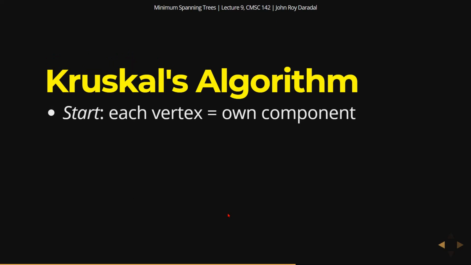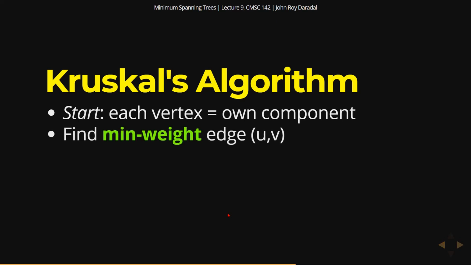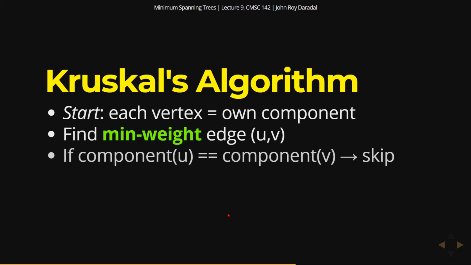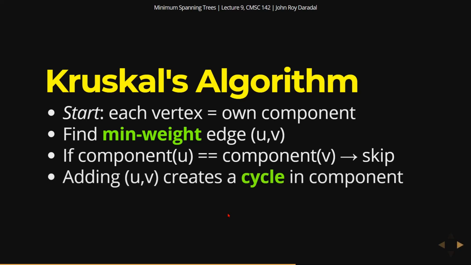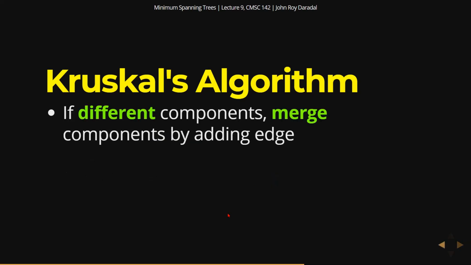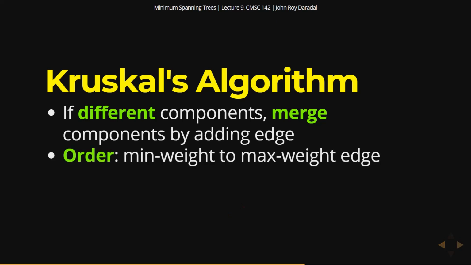So formally, we have the steps here. Start: each vertex is its own component. Then find the min weight edge UV. If component U is equal to component V, then we skip, because that would add a cycle in the component. But if they belong to two different components, then we merge the components by adding an edge between them.